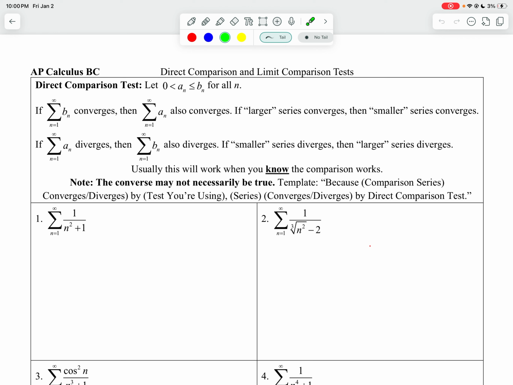All right, so we're going to start off very easy, very basic. Number one. At this point, we should know that the series 1 over n squared plus 1 converges because of the integral test. This is inverse tangent, and then this would just go to pi over 2, not the sum, but the limit.